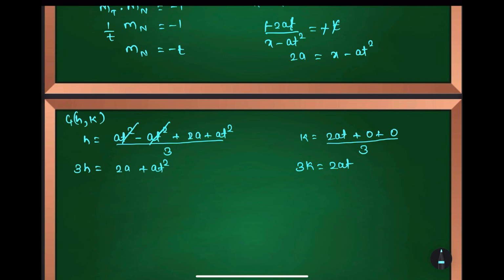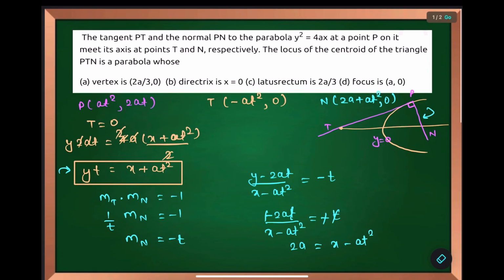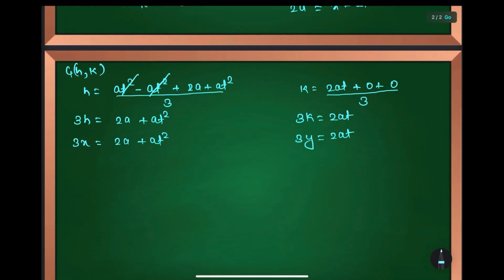So we have to replace h, k: h will be replaced by x, k will be replaced by y. You have also introduced t, because a was used by the equation. So these are okay with a, but they are not okay with t, so you have to remove t. So can I find the value of t from this and substitute in this part?